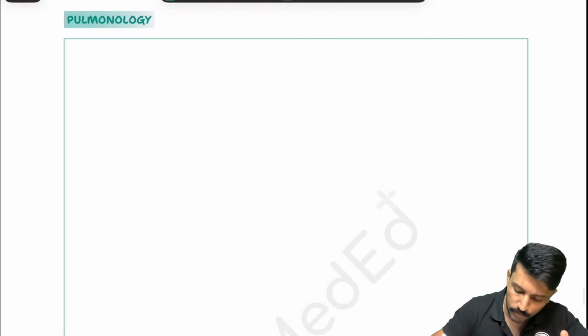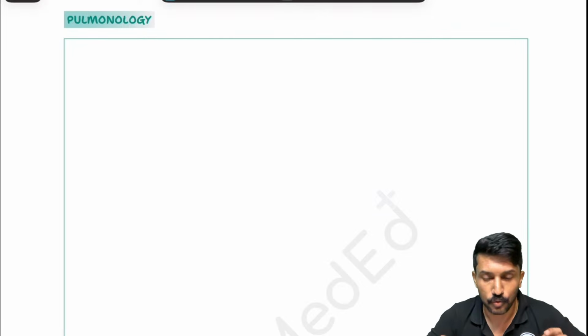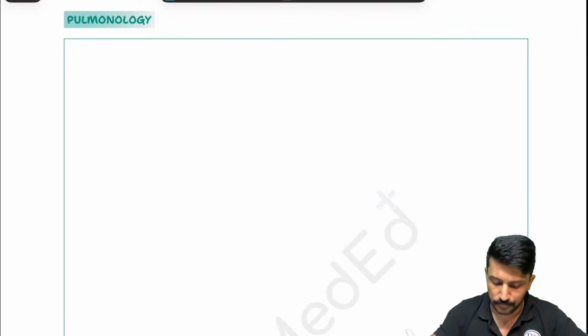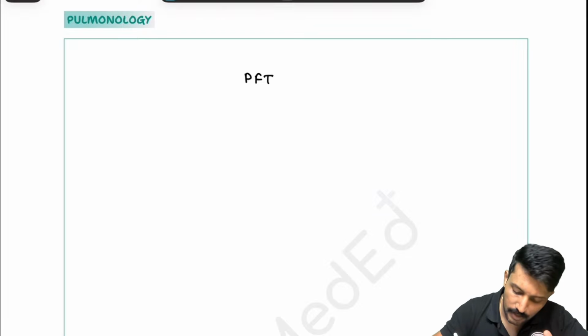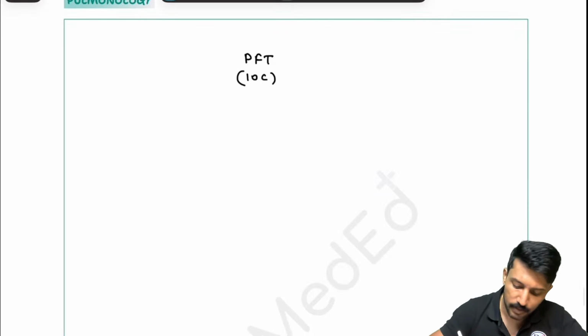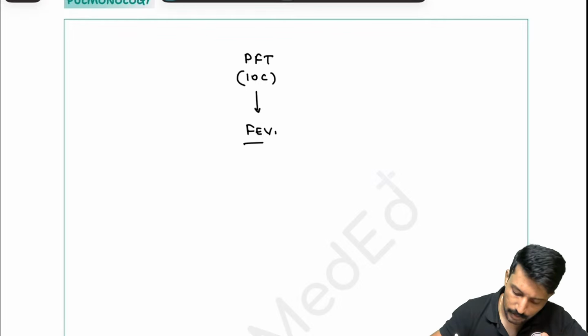So whenever I'm having a respiratory disorder, we know that we classify the respiratory disorders into obstructive and restrictive. So PFT is the investigation of choice for most of the respiratory disorders. And when I do PFT, first thing I should see is the FEV1 by FVC ratio.